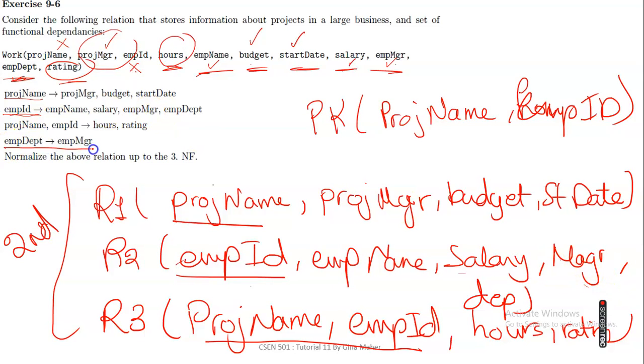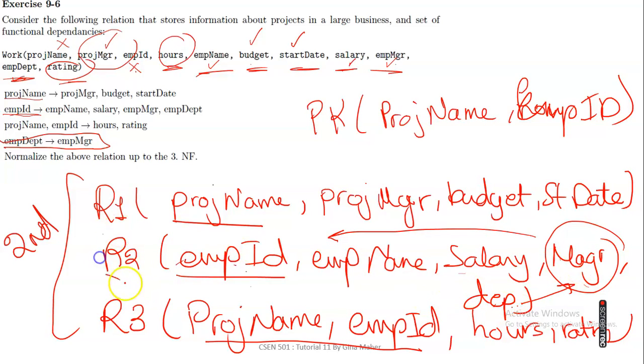We have department implies manager, such that we can get the manager directly from the employee ID, or from the employee ID we can get the department, and then from the department we can get the manager. So R2 is not in the third normal form.